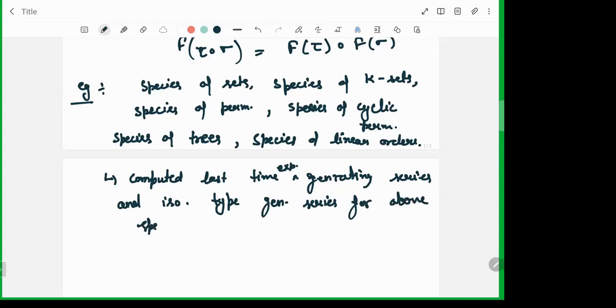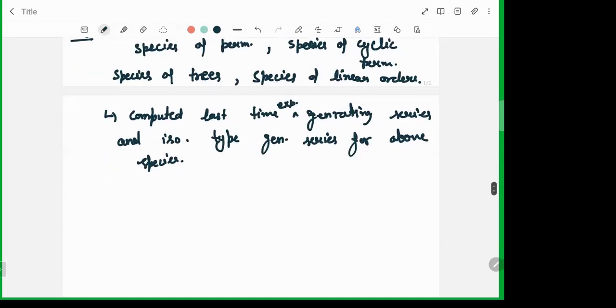And we saw there are various operations on these species, like their product, their composition, their differentiation, all these things.